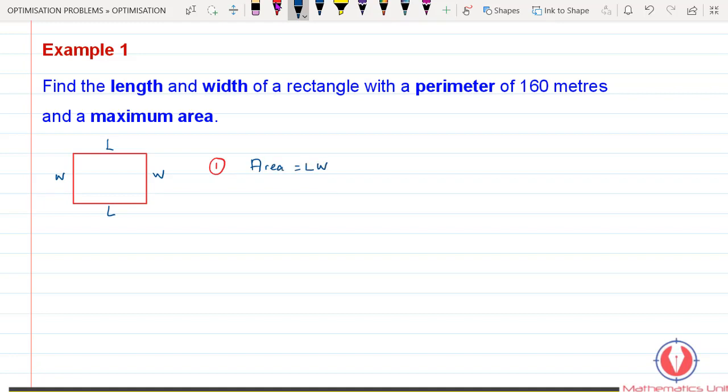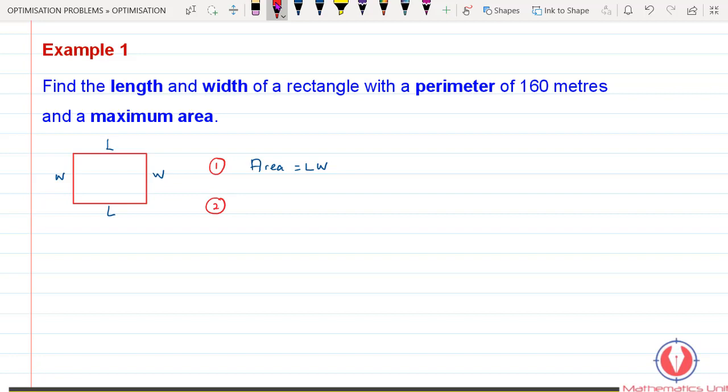That is our first step, and this will be our optimization equation. This optimization equation must be in one variable before we can go ahead. So our second step would be to reduce this equation to only one variable.